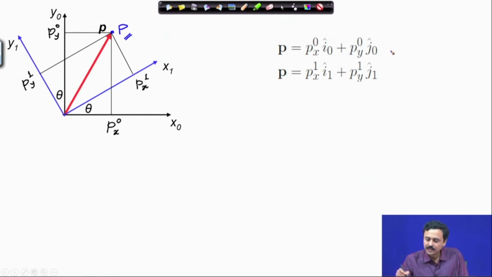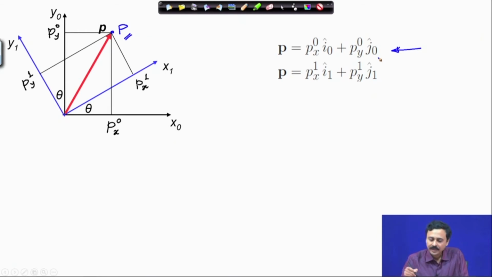In the ground fixed frame, the representation of the vector P is Px0 i0 cap plus Py0 j0 cap, where i0 cap and j0 cap are unit vectors along x0 and y0.